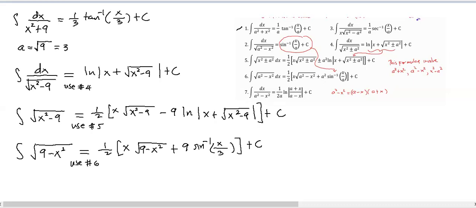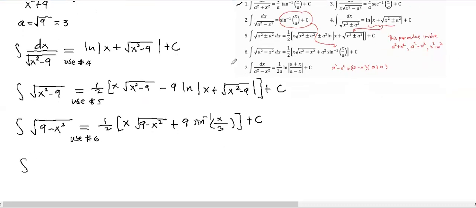Now, if we have the integral dx over x squared minus 9, hindi arctan yan. Yung sa 7, nauna yung constant. So what we're going to do, we factor out -1 here. So this is negative dx over 9 minus x squared. So minus 9 plus x squared. So you just factor out -1, and then use number 7.